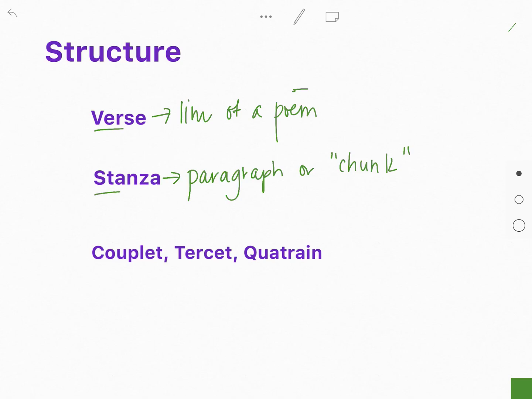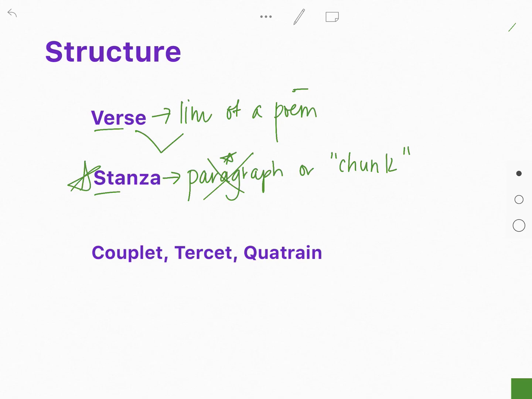In this case, it would be inappropriate to analyze a poem and talk about a paragraph because poems aren't written in paragraphs, they are written in stanzas. So verse or line is fine, but when we're talking about those pieces of a poem, we want to refer to stanza, not paragraph, okay?